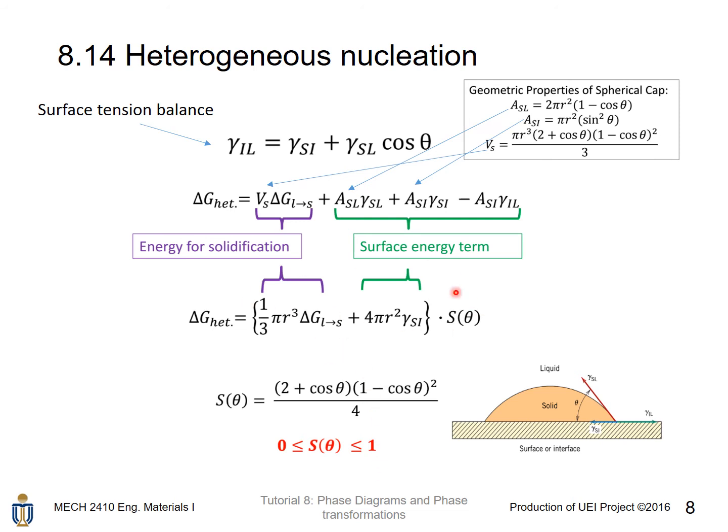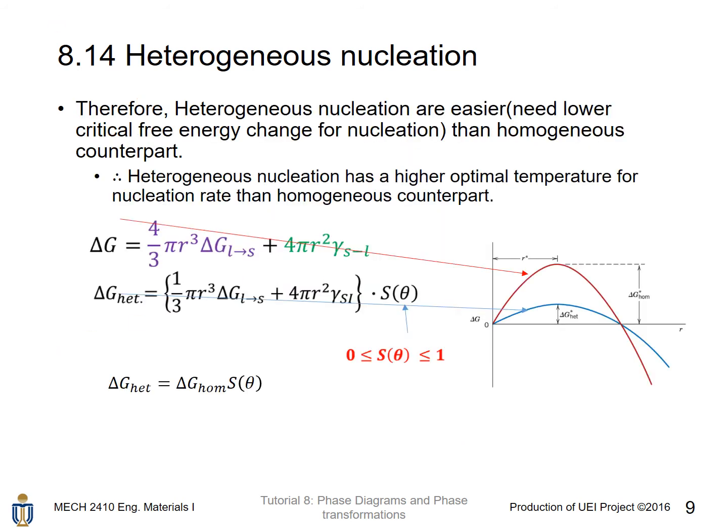And in this way, it implies that the energy required for heterogeneous nucleation is actually smaller than for homogeneous nucleation. Heterogeneous nucleation is easier, and it also needs lower critical free energy change for nucleation than its homogeneous counterpart. Heterogeneous nucleation has a higher optimal temperature for nucleation rate than its homogeneous counterpart.